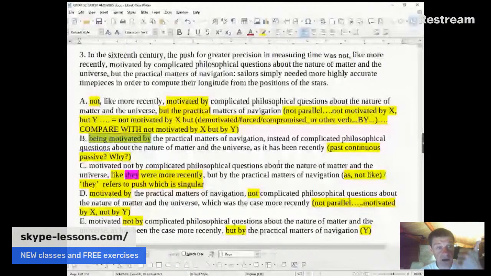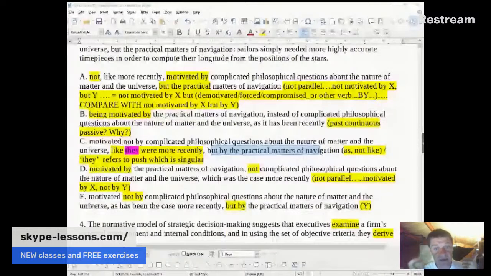It doesn't like like plus clause, like they were more recently. It wants as they were more recently, because as is a subordinating conjunction in academic English, and like is a preposition in academic English. Okay, so that's why C's wrong, just because of the wrong use of like.